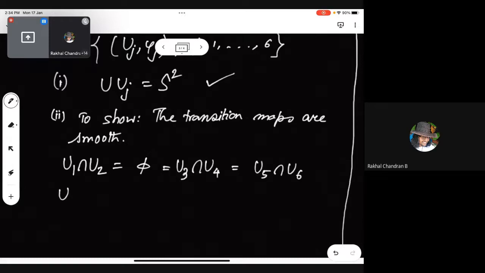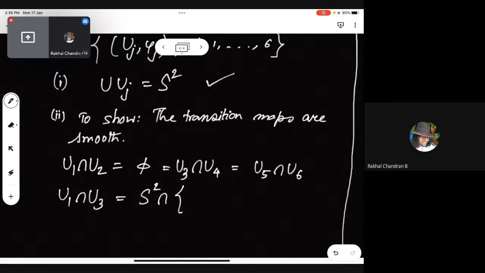Now you look at other things. So U1 intersection U3. So what is this set? S² intersection, what is this set?